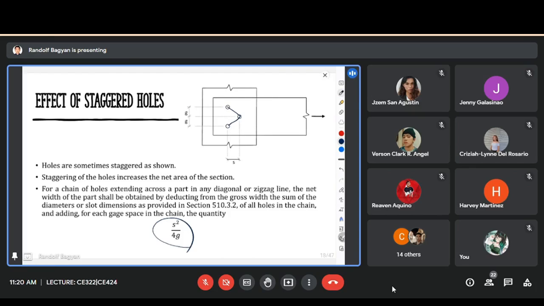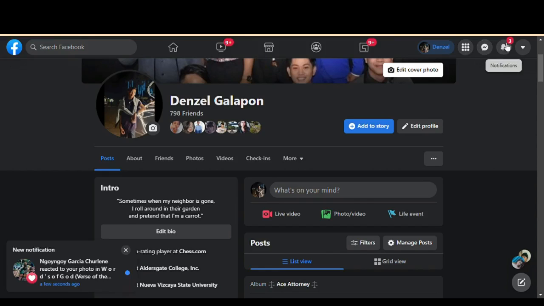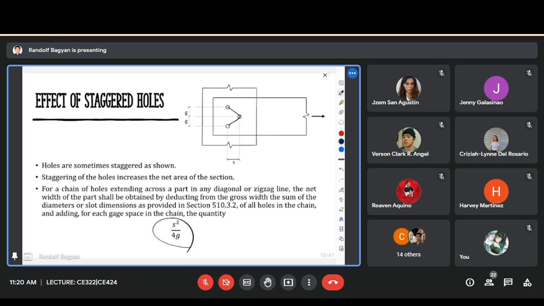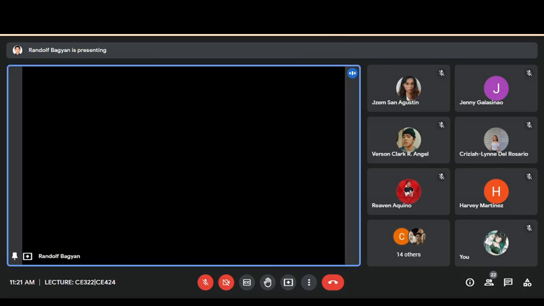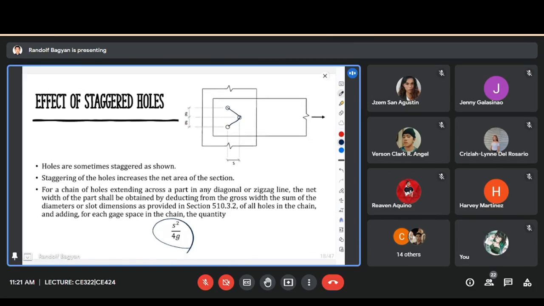Ano yan? Ito yung binigay dito. For a chain of holes extending across the part in any diagonal or zigzag line, the net width of the part shall be obtained by deducting from the gross width the sum of the diameters or slot dimensions as provided in section 510.3.2 of your NSCP, chapter 5, of all holes in the chain, and adding for each gauge space in the chain the quantity S squared over 4G.